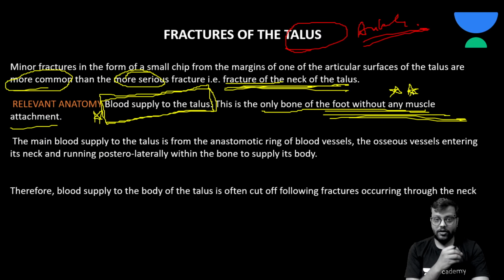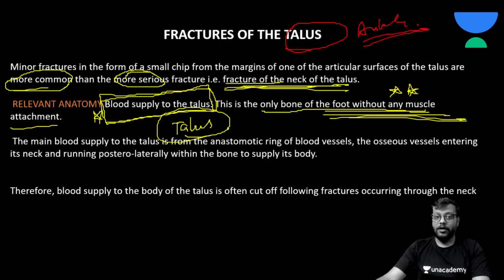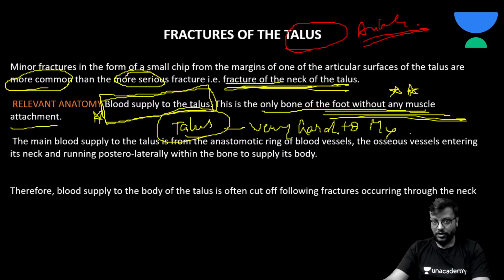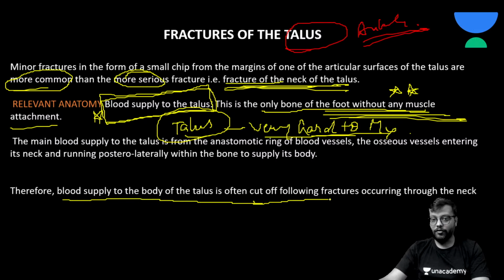So इसकी वजह से क्या होगी, there will be very less blood supply, so the healing is very less. So talus fracture is very hard to manage. ठीक है, बहुत हार्ड होता है इसको मैनेज करना. ठीक है. So therefore blood supply to the body of the talus is often cut off following fractures occurring through the neck.